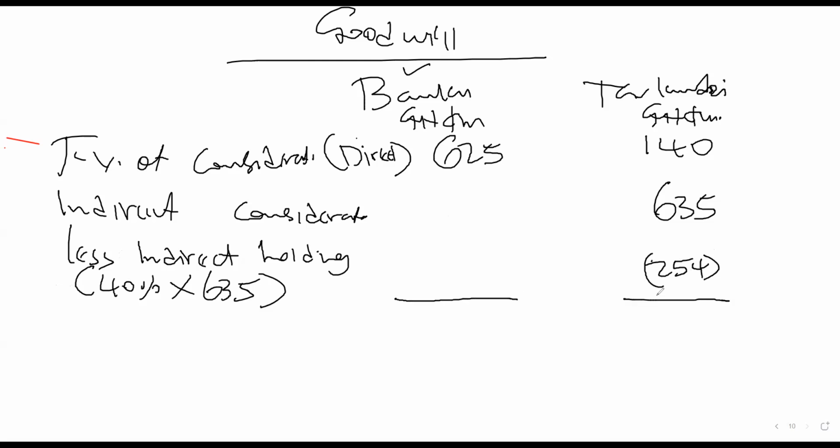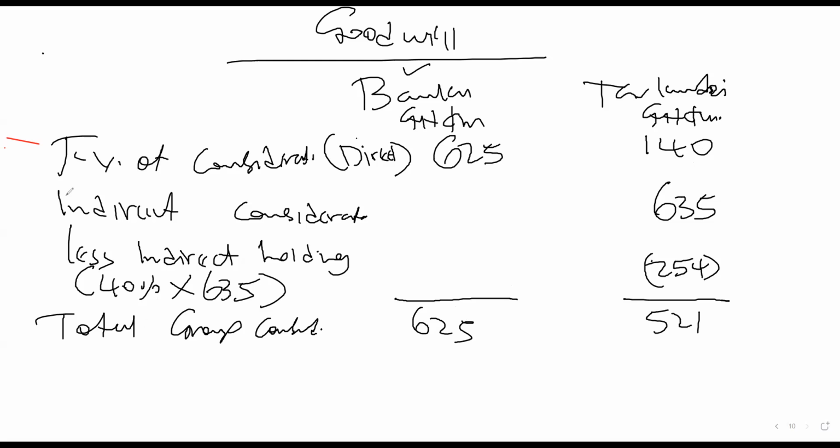In fact, this is the working you have to do. This working, you could have done on its own and called it total group consideration. Here, what do you get? 140 plus 635 minus 254. Answer: 521.